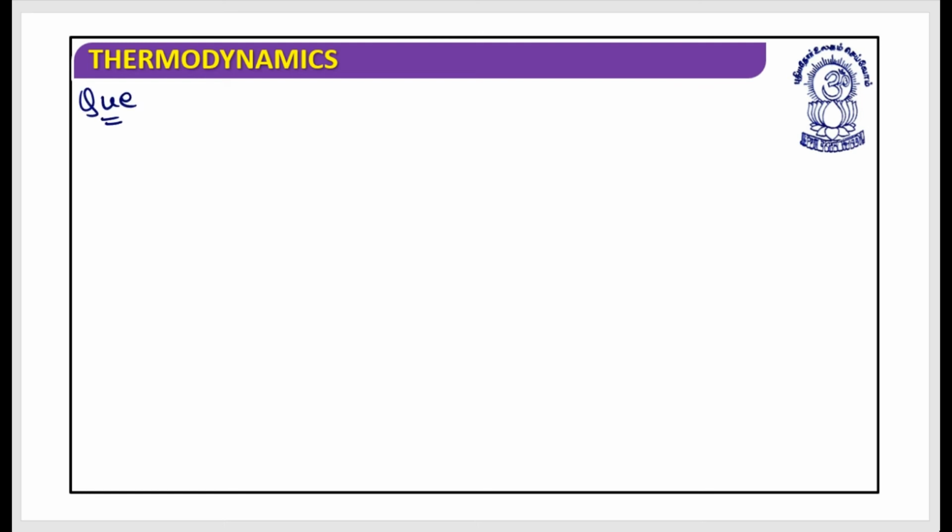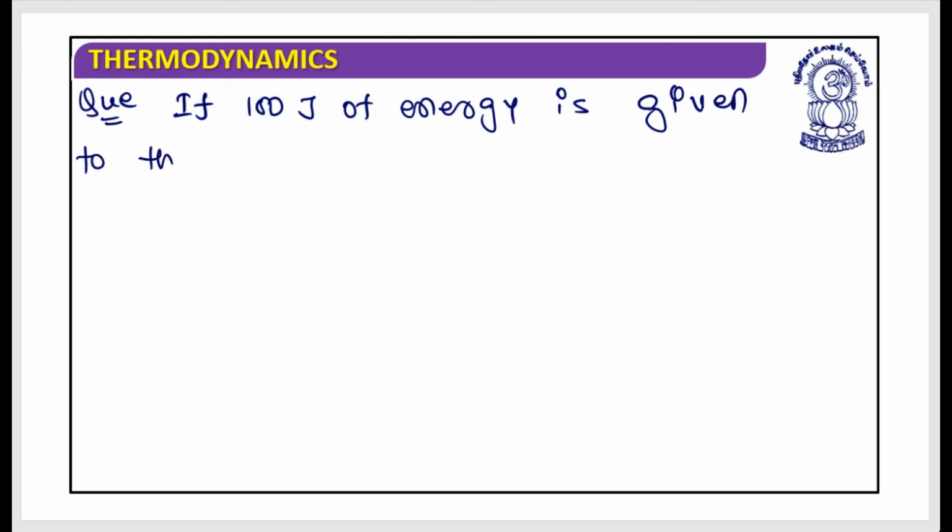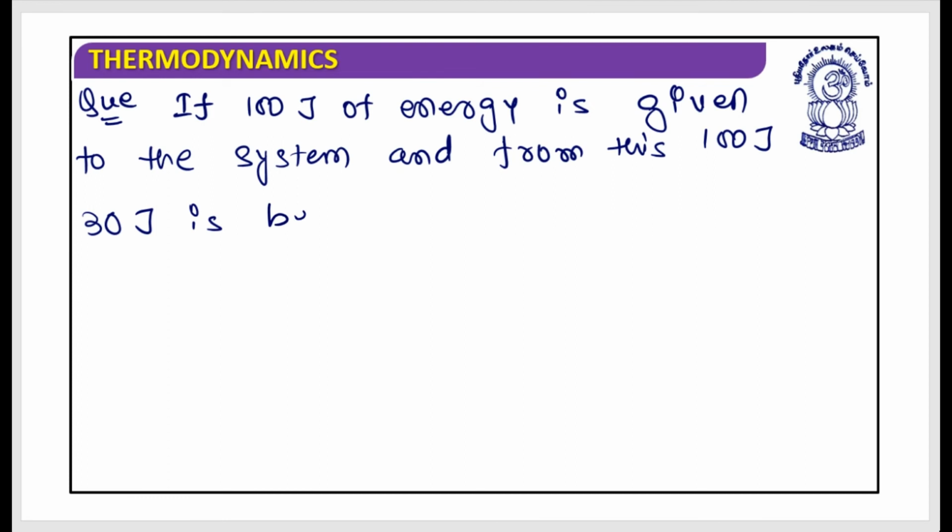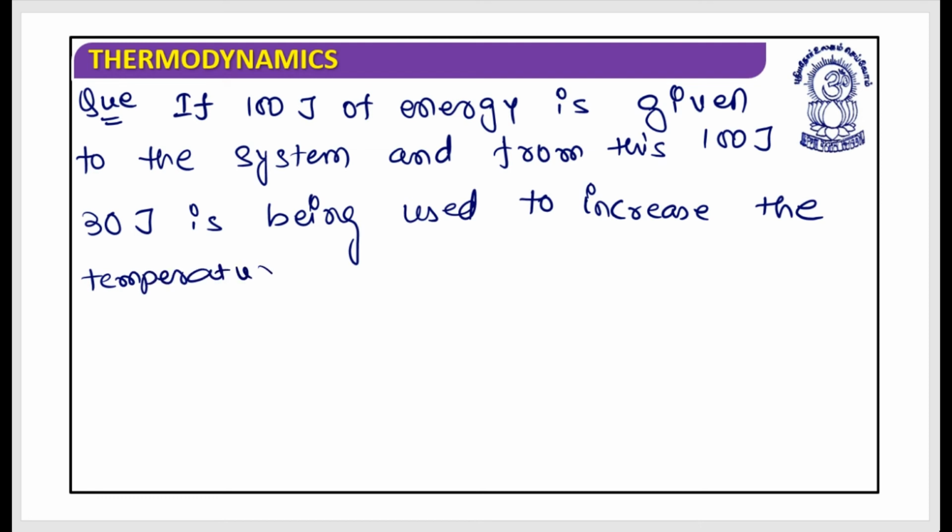Let's suppose they said that 100 joule of energy is given to the system, and from this 100 joule, 30 joule is being used to increase the temperature of the system.